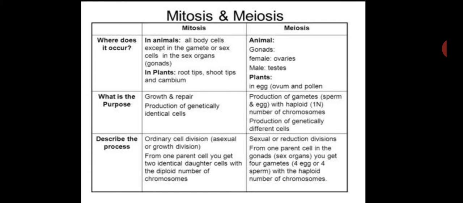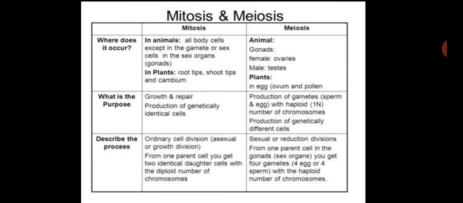Sexually reproducing organisms exhibit alternation of generation. The diploid stage is the sporophytic stage, and the haploid stage is the gametophytic stage. These two stages alternate, repeating in a cyclic manner.